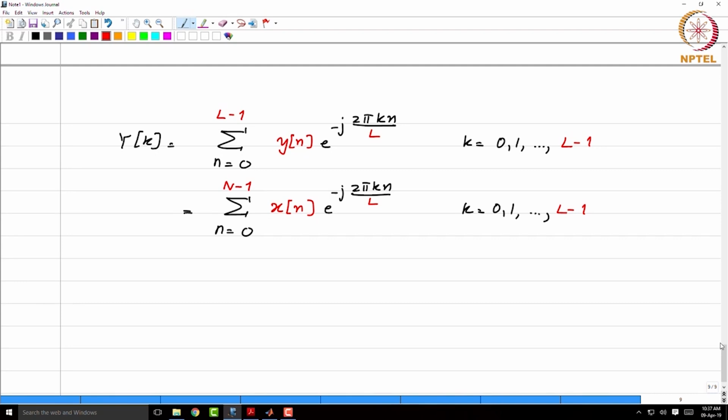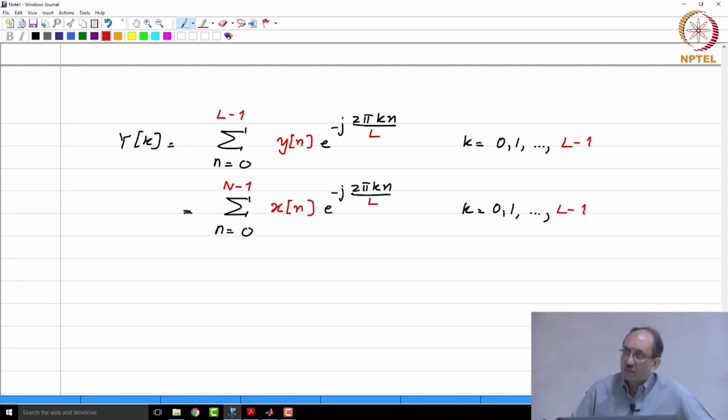So earlier what we did was we said let us take the DTFT and sample it at L points where L is greater than N, and then we saw that the repetitions occur later and between the repetitions zeros get added. The other way of looking at exactly the same concept is take the given N point sequence, 0 pad it and compute the L point DFT.